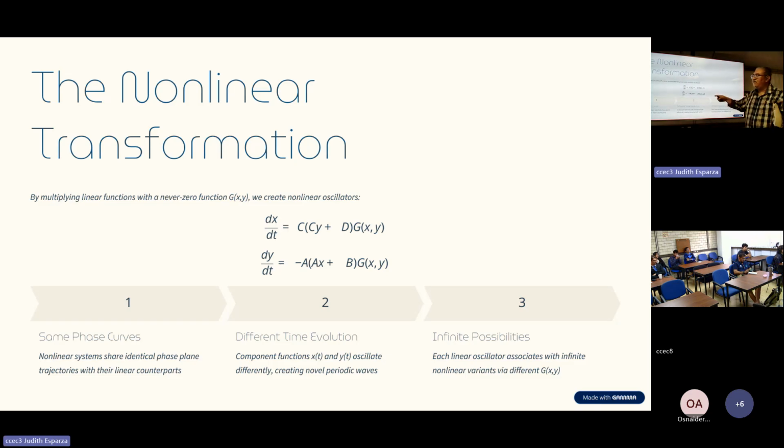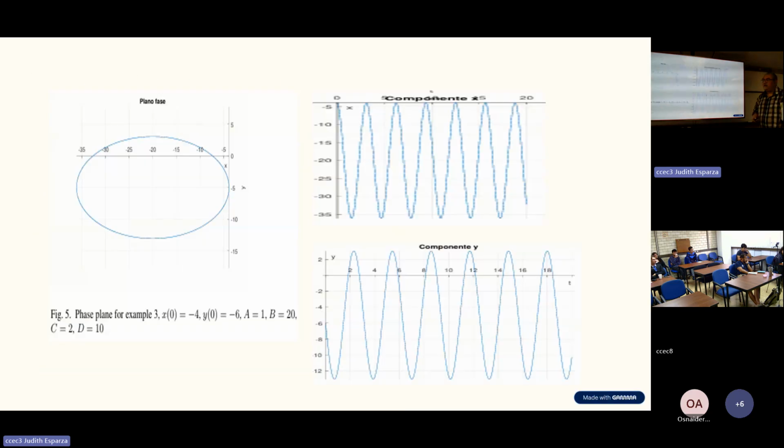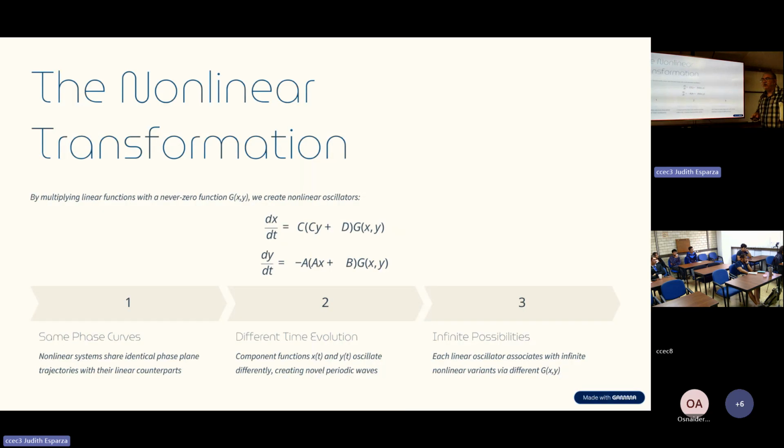And here we choose a G function that is not 0 in the plane. We can construct nonlinear oscillators. And it can be proved that the solution curves in the phase plane are the same as the linear system obtained with taking G equal to 1.